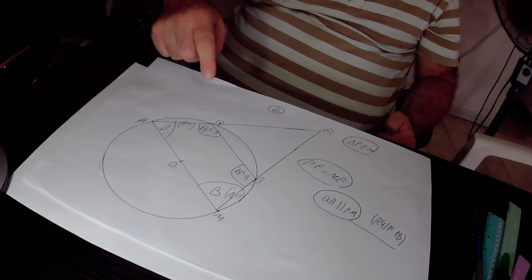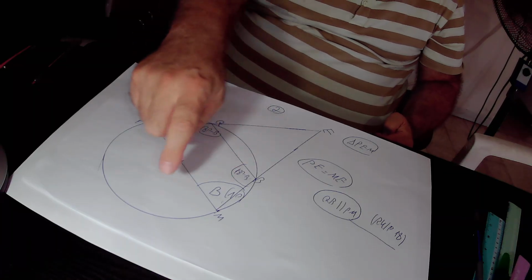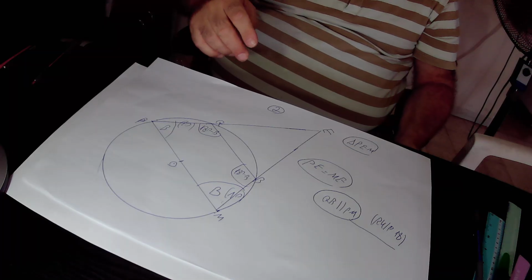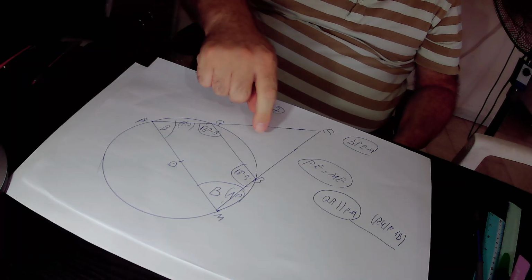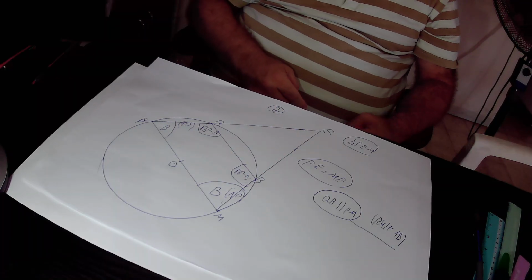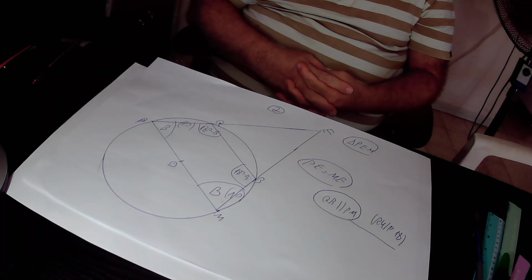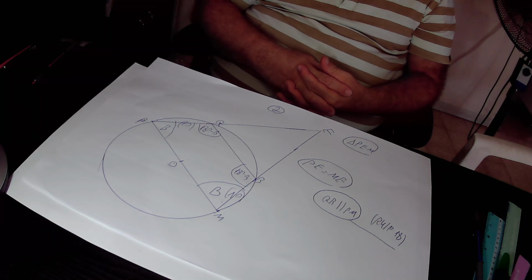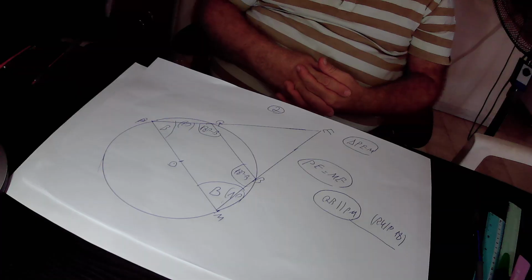In the next step we completed this semicircle to a circle, and actually we have here quadrilateral PQBM that is inscribed by this circle. And we have the rule that for any quadrilateral that is inscribed by a circle, the sum of its two opposite angles is equal to 180 degrees.